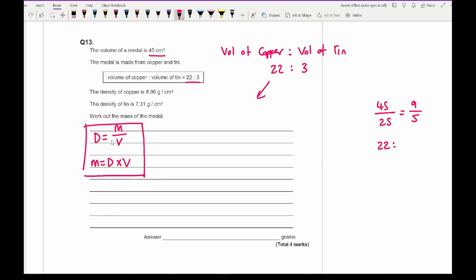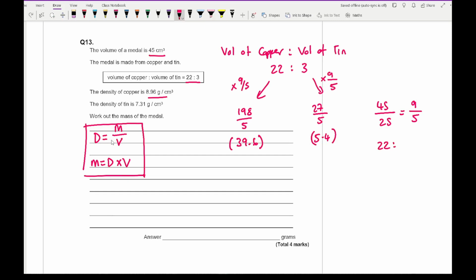So if I multiply both of those two numbers by 9/5, I get the volume of each of those. So times 22, I get 198/5, or if I write it as a decimal, it'd be 39.6, and 3 times 9/5 gives me 27/5, or 5.4. So these are the volumes of each of those.